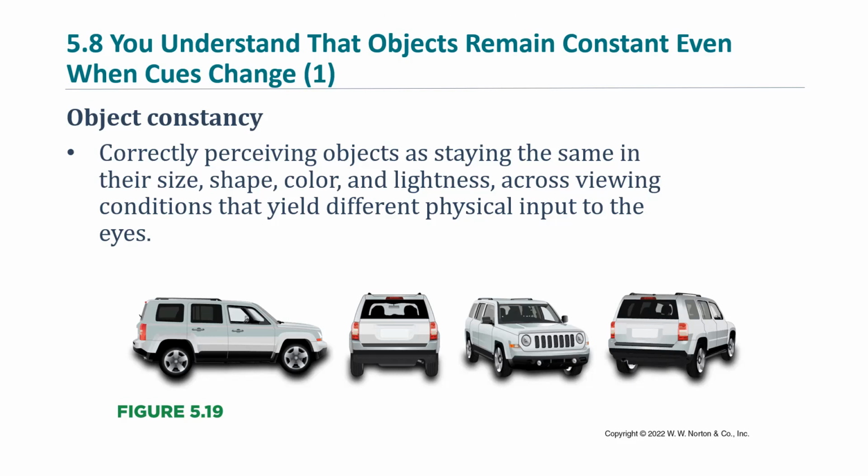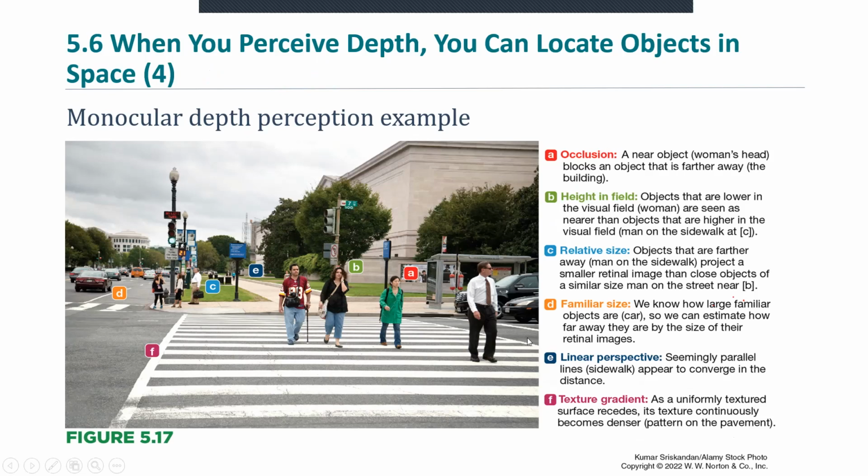They're the same size, whether they look really small because they're far away, or they look big because they're up close. That would be size constancy, for instance. So just to go back, it's similar to the relative size.